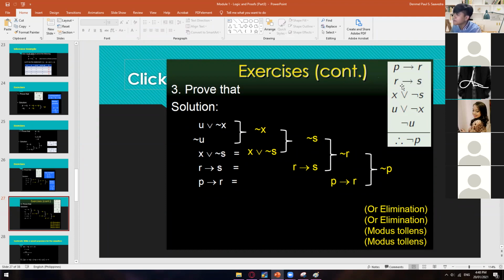Just find a hypothesis that you think you can reduce into a smaller variable.